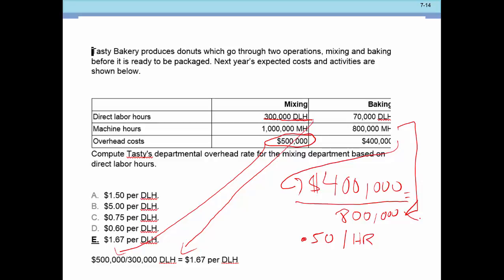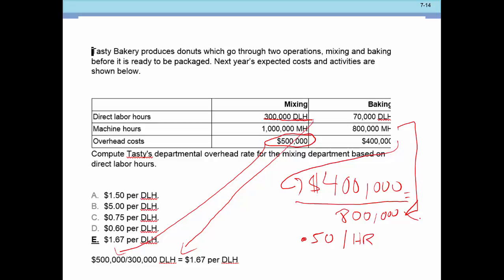And so for that, we say machine hours is the appropriate driver. If we use direct labor hours, we would get a distortion of our cost per product because we'd be using direct labor hours for a product that maybe doesn't have as much mixing involved and has more baking time involved, right?